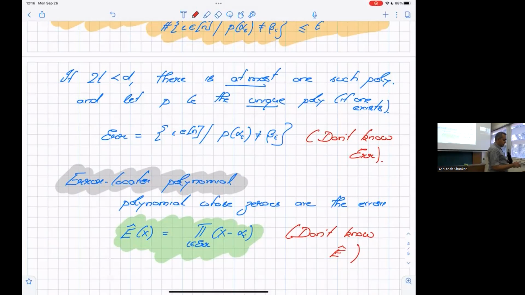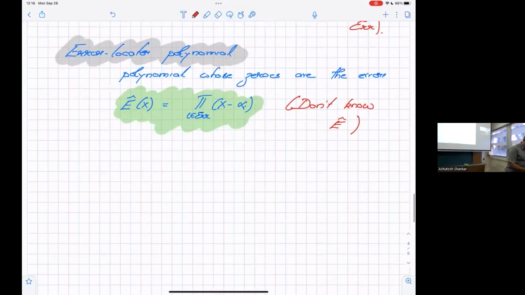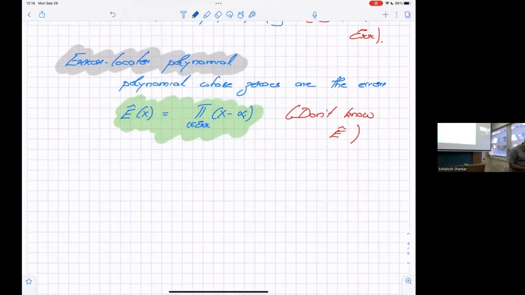So now, given this E hat, let's list out a bunch of properties that E hat satisfies. Not just E hat, any of these other proxies for E hat will also work for us.